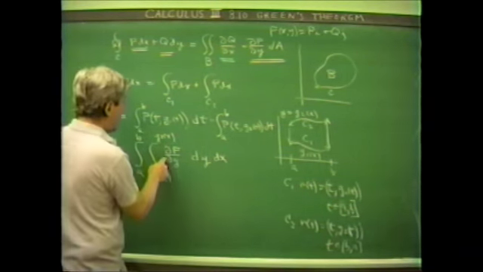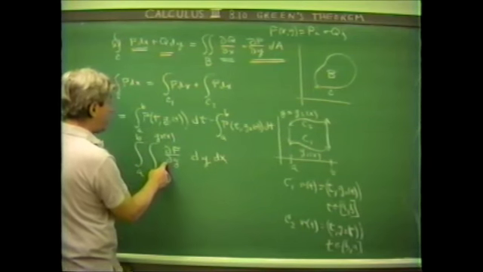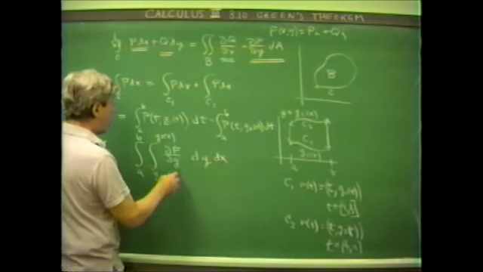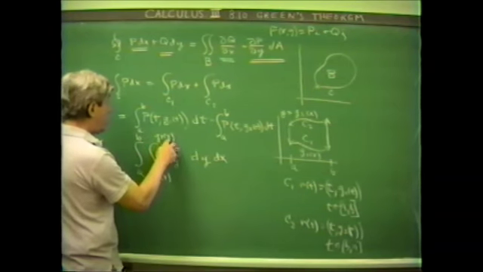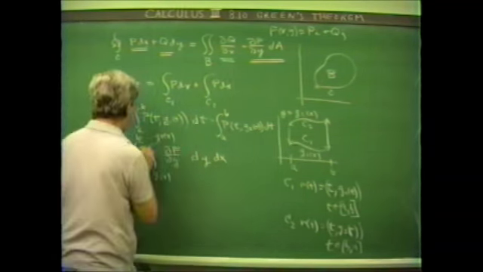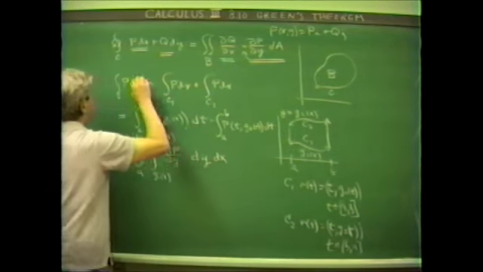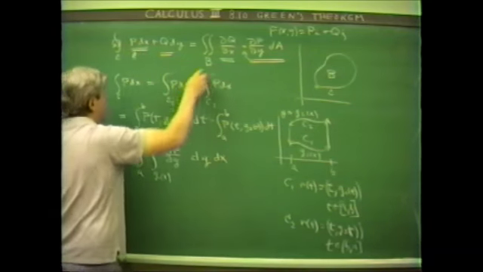Well, an antiderivative of this with respect to y is going to be P. And so this integral right here is going to be P at g2 of x. We want minus the integral, because of the minus sign here. This one here and this one here.